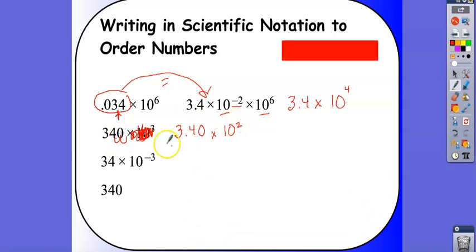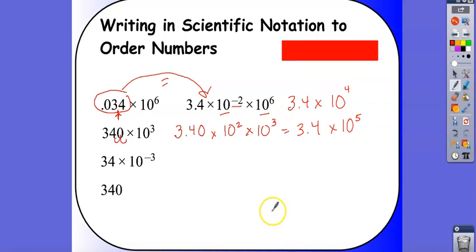There we go. Isn't this equal to 340? 3.4 times 10 to the 2. Okay, now I'm going to take my eraser and put in the 10 cubed. I got it: 3.4 times 10 to the 5th.